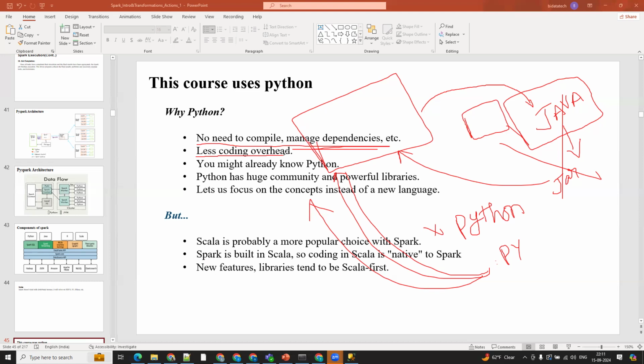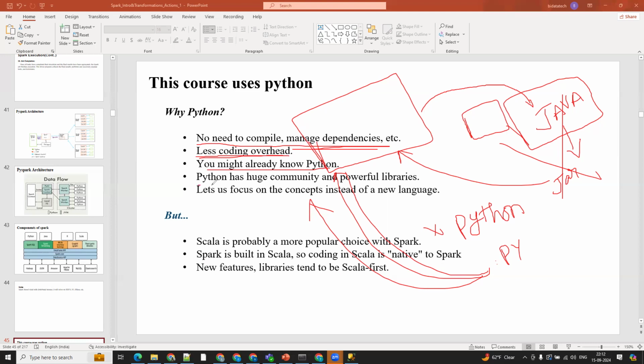If you master all those keywords, you're good. So less coding overhead, and it is very easy, of course. And you might already know Python. Data science people already know Python. Again, why do they have to learn Java or Scala? That's time consuming.